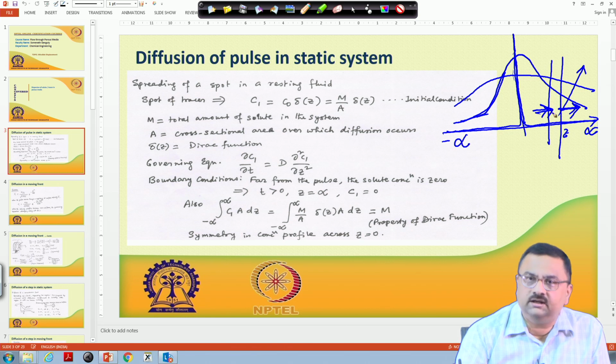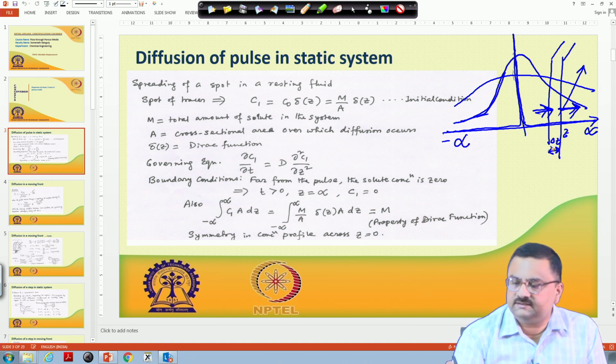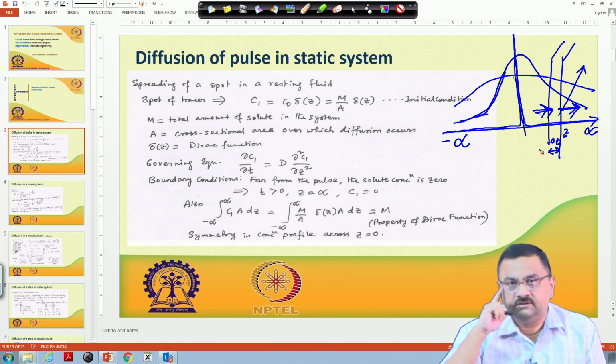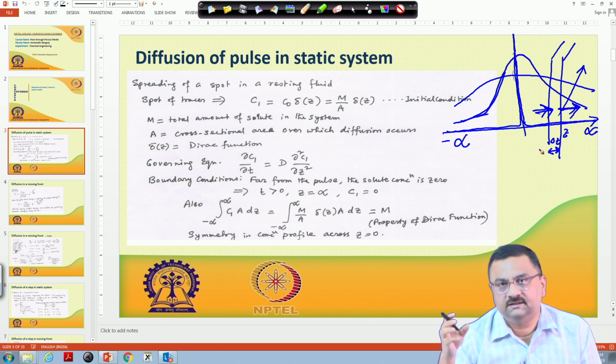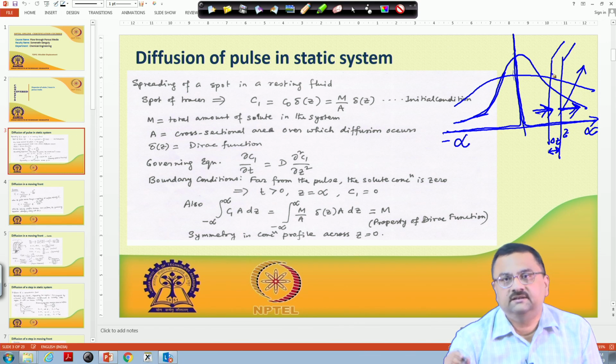If you equate these two, the accumulation will take place if we have area A perpendicular to the screen. So area A multiplied by this distance delta Z means the volume is A delta Z. If C is the concentration, then A delta Z C would be the amount of solute inside this differential volume.